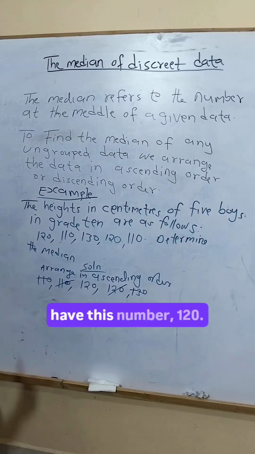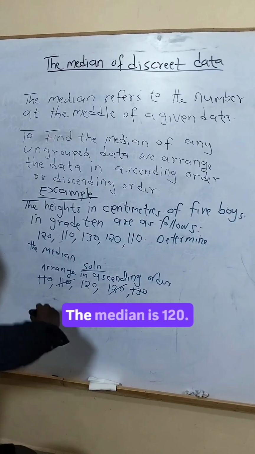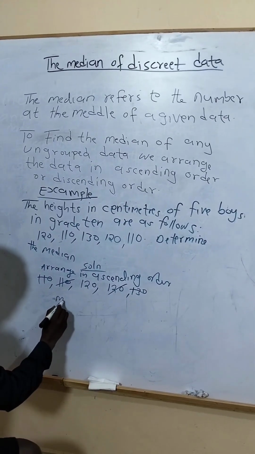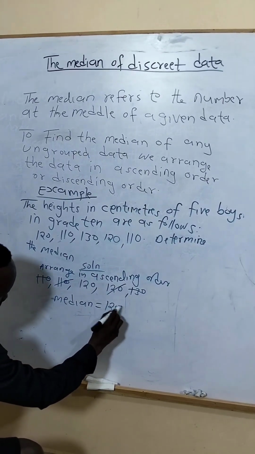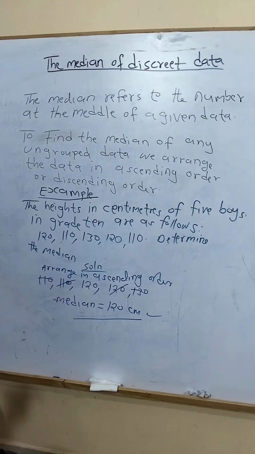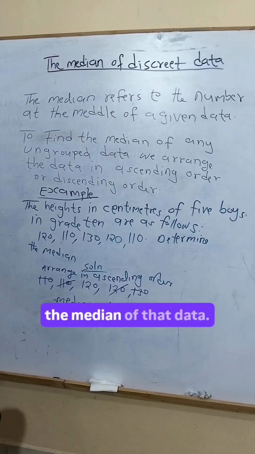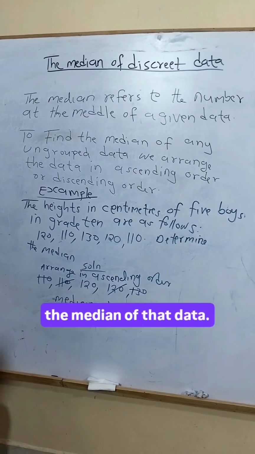So at the middle we have this number, 120. So what is the median? The median is 120. So that is how we find the median of that data.